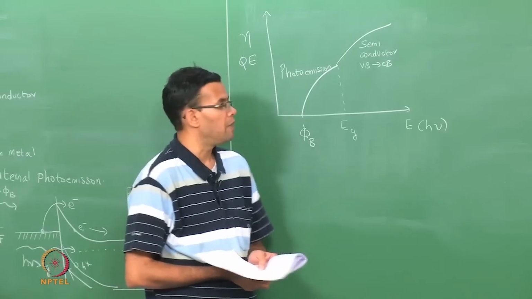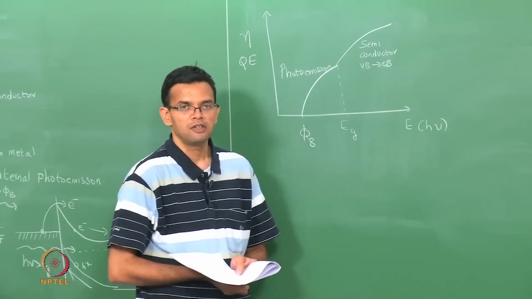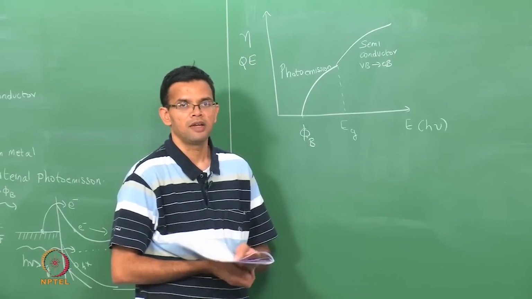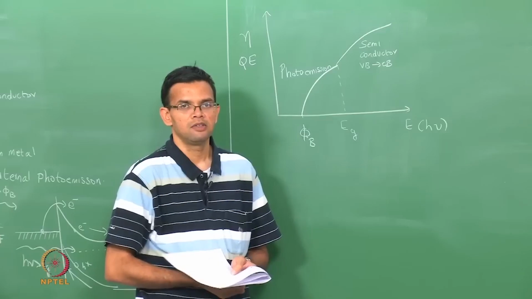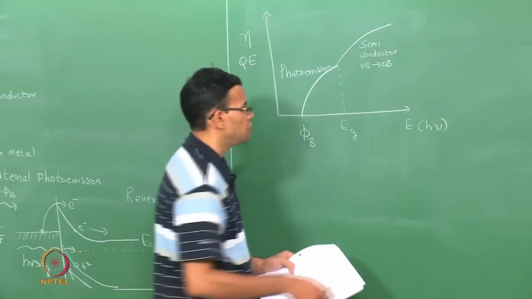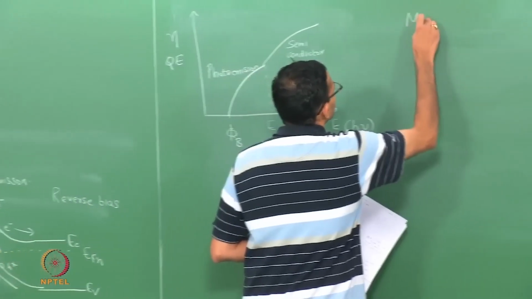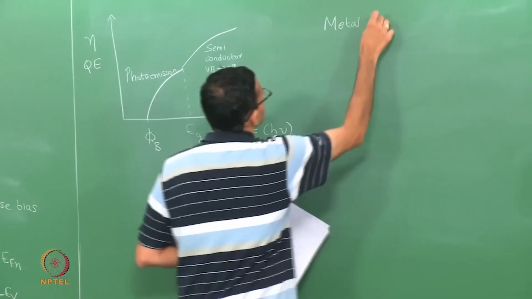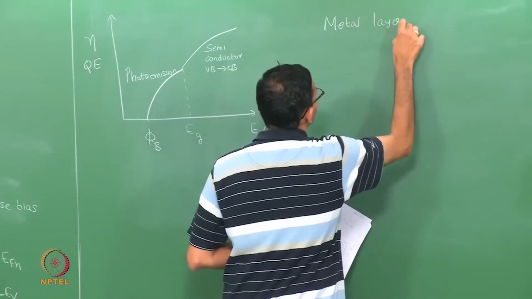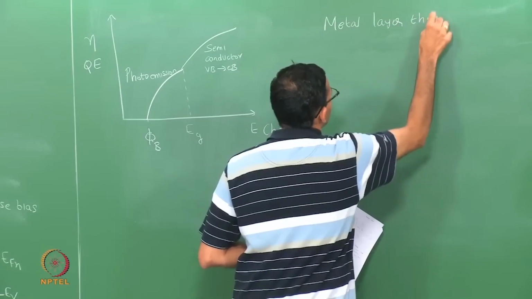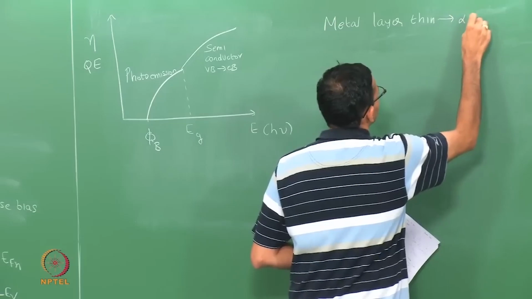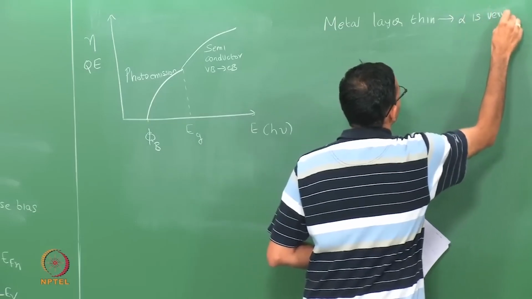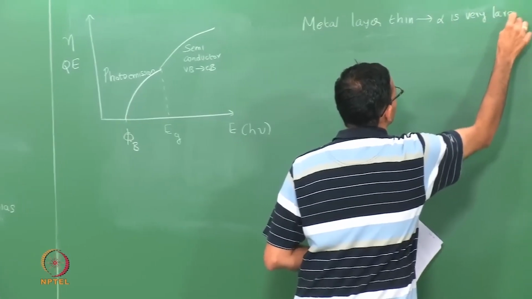In the case of a metal semiconductor photodetector, the caveat is the metal layer should be really thin, because metals usually have very high absorption coefficients. The metal layer should be thin because alpha is very large.